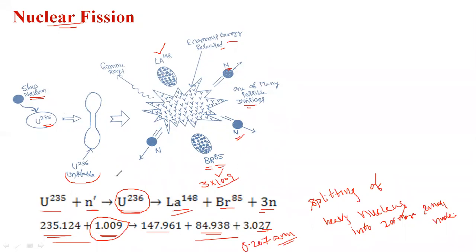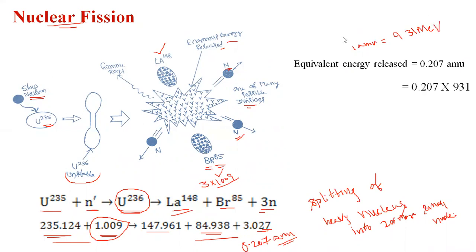Now comparing to the left hand side, the value is very small, that is the energy equivalent released is 0.207 AMU. 1 AMU is nothing but 931, that is the constant value is 931 mega electron volts. Now substitute this value, that is 0.207 into 931 mega electron volts.